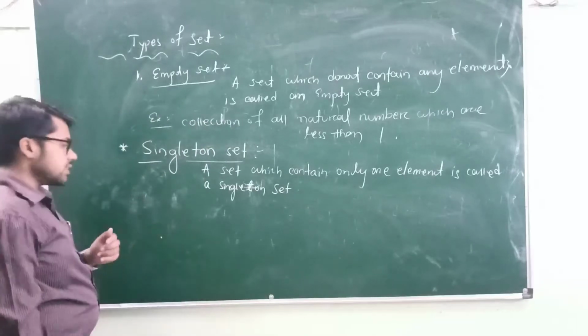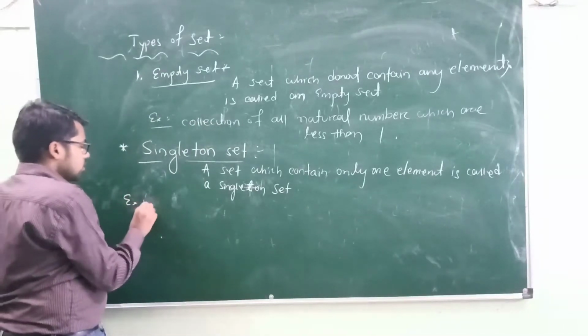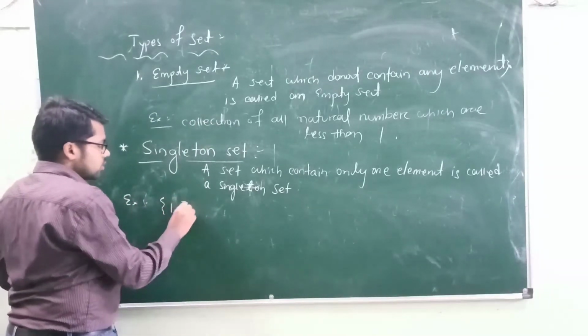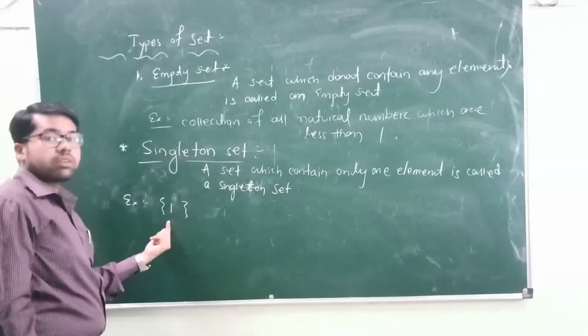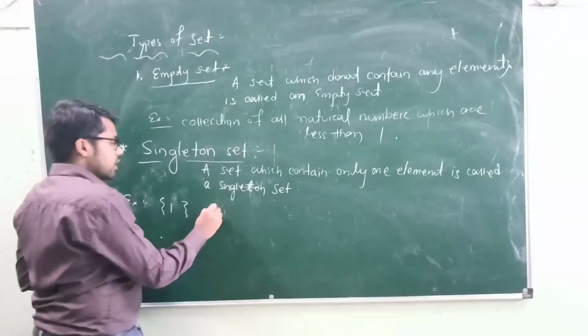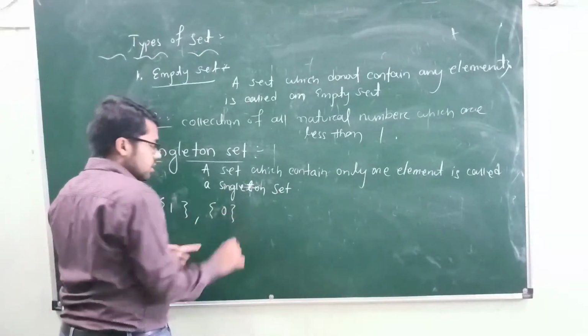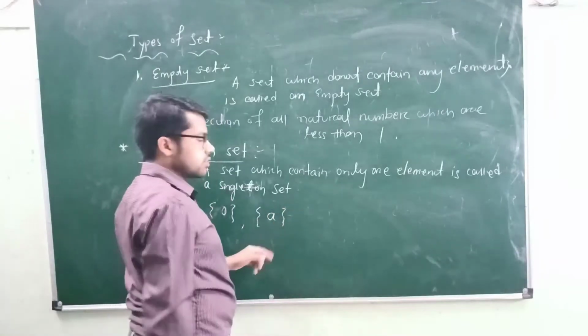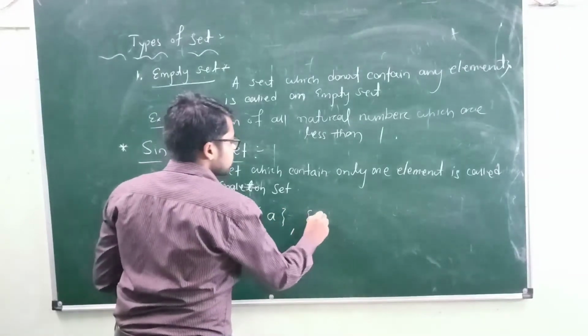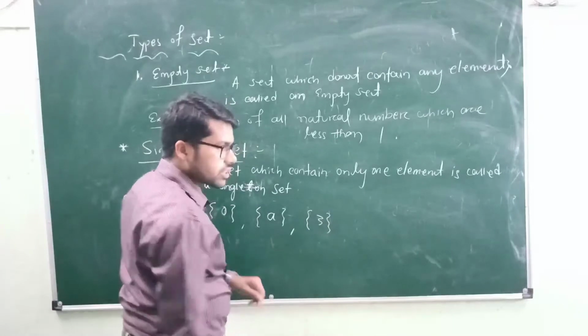Okay, for example, this is a single term set. This is a set and it contains only one element, that is 1. I can write this also. This is a single term set.